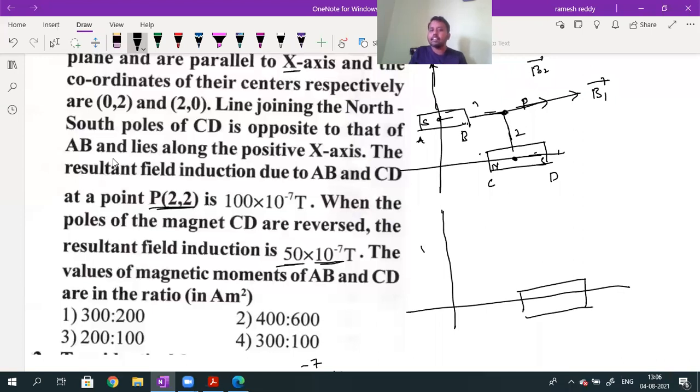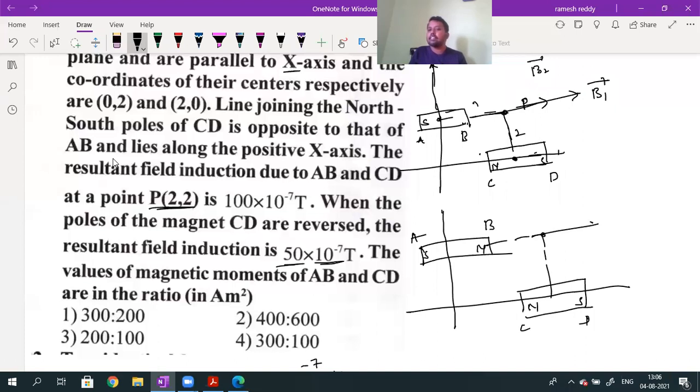One bar magnet is AB. Listen carefully. Here is AB with south pole and north pole. Now this is CD. CD poles are reversed, which means it will be south pole here and north pole there. Now, where was the point P? So this is the point P.